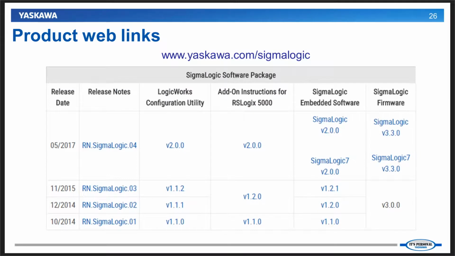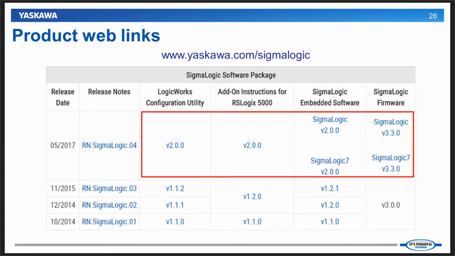So here's a web link to download all of this package in one place. The web link is www.yaskawa.com/SigmaLogic. As you can see, I've highlighted the version 2 software package in red. So this means that all this package, which is Logicworks configuration utility, add-on instructions, SigmaLogic embedded software, and SigmaLogic firmware, should all be version 2, except firmware, which is version 3.3.